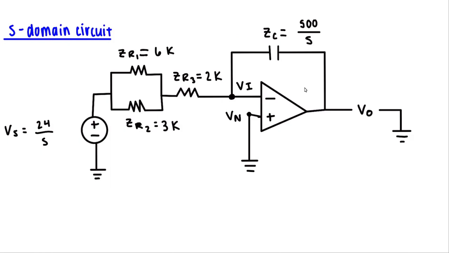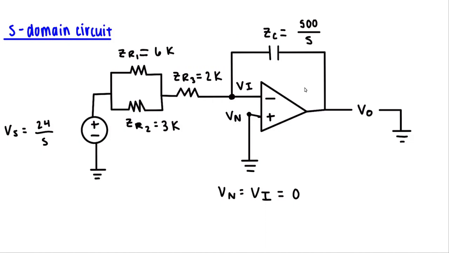Due to the concept of there being no voltage difference between the input voltages of the op-amp, we know that Vn must equal Vi. And by observing the circuit, we can see that Vn is grounded, which means that it has a voltage of 0. And since Vi is equal to Vn, we know that Vi must also be equal to 0 volts.